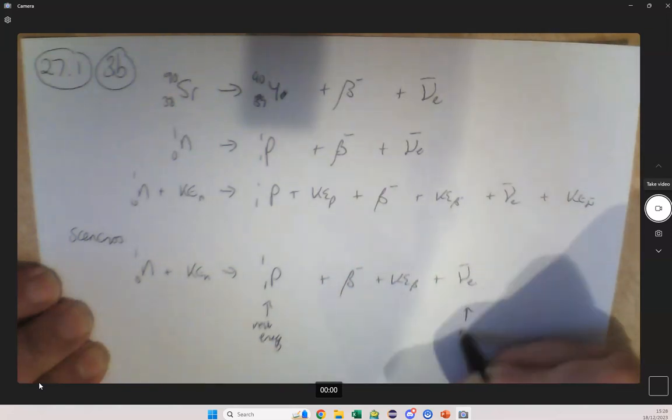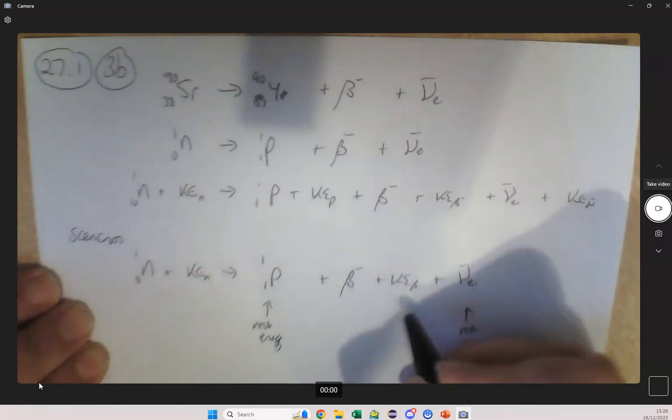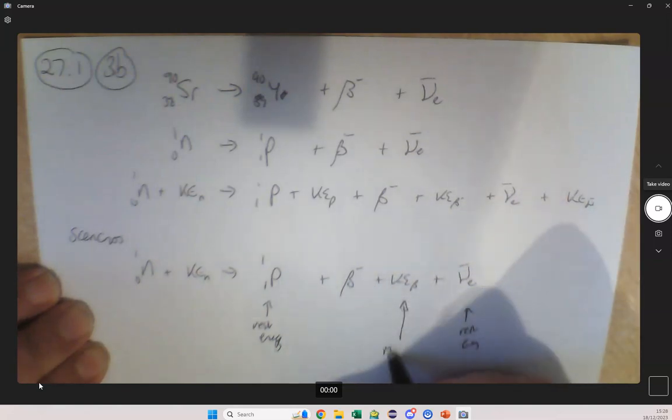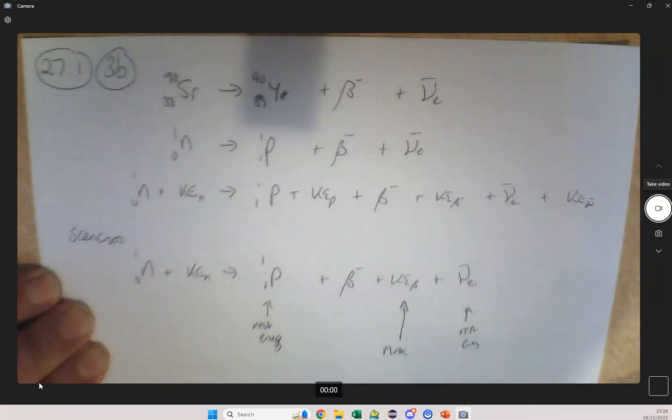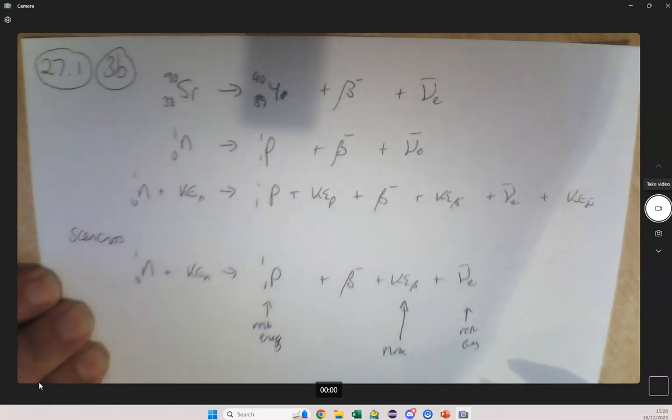And there again you've got your rest energy. Here the beta minus is obviously its rest energy, but now this has got the maximum kinetic energy it could have. Because all of the kinetic energy over here, plus the energy released during the decay, is actually ending up being in the kinetic energy of the beta particle.